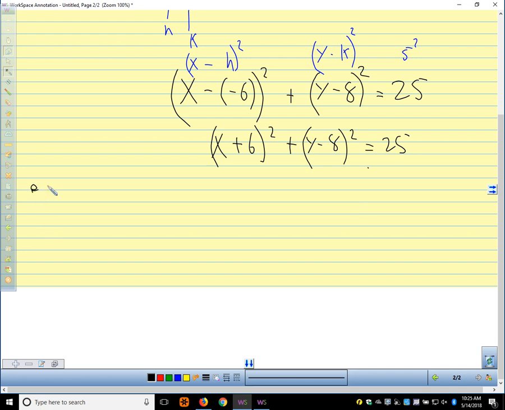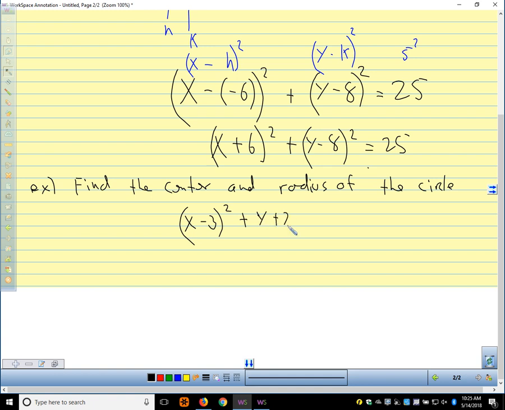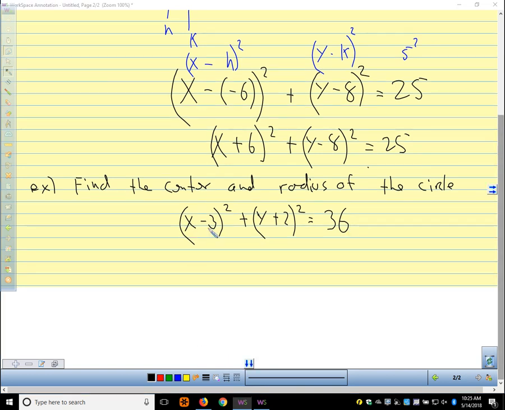All right, let's go the other way. If we have this, we want to find the center and the radius of the circle given by x minus 3 squared plus y plus 2 squared equals 36. Well, this is x minus h squared, and this is y minus k squared.